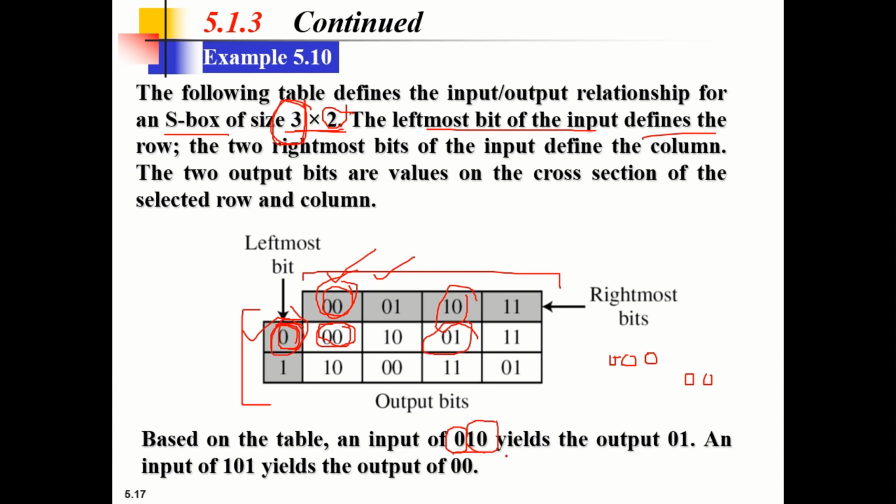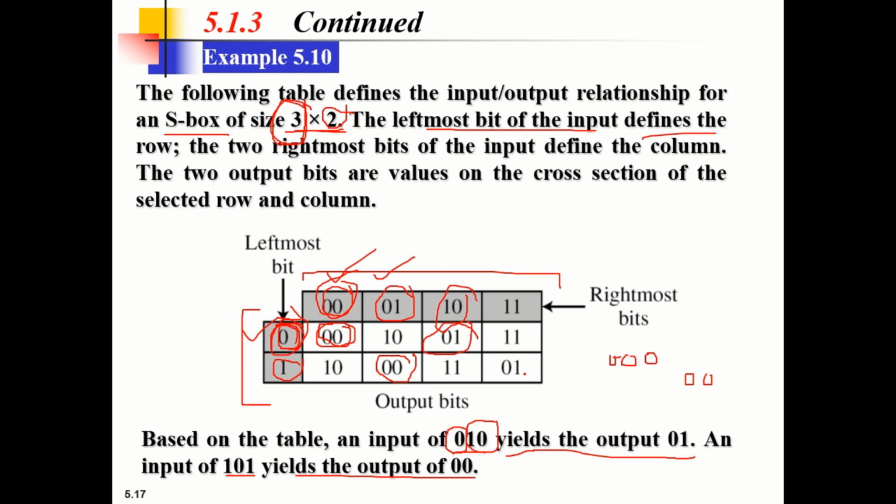So it says the same thing, that this input 0, 1, 0 yields the output 0, 1, and the input 1, 0, 1 yields the output 0, 0. Here the leftmost bit is 1, and 0, 1 is over here. So for 1, 0, 1, the output is 0, 0. Fine, so this is how we make use of this table while using S-boxes which have a different number of inputs and different number of outputs.